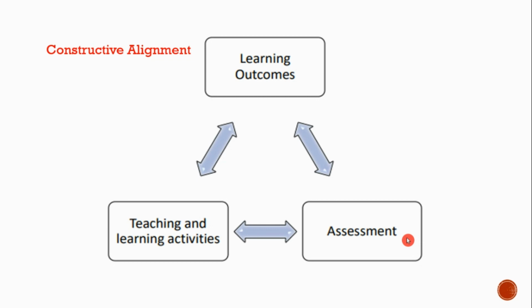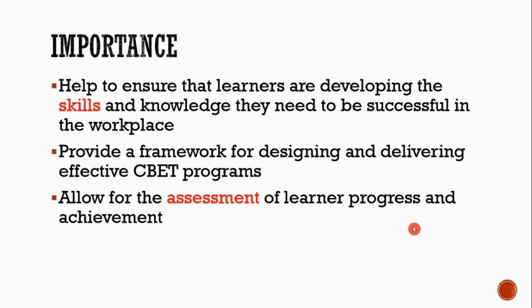And therefore, you realize that learning outcome is a very important component of CBET because it affects your methodologies of training and the major aspects of assessment. So there's a serious correlation between the three aspects, that is the learning outcome, content delivery methods, and assessments.